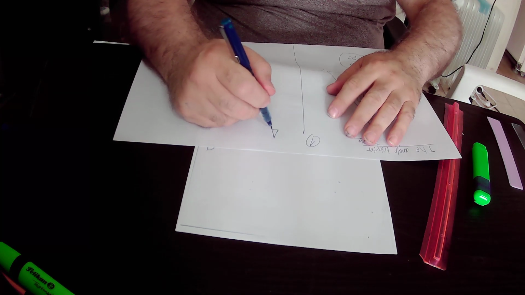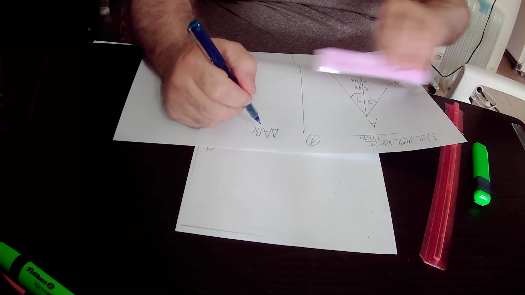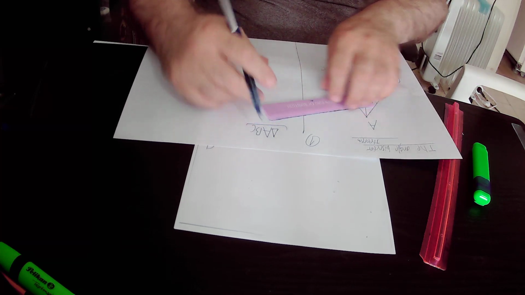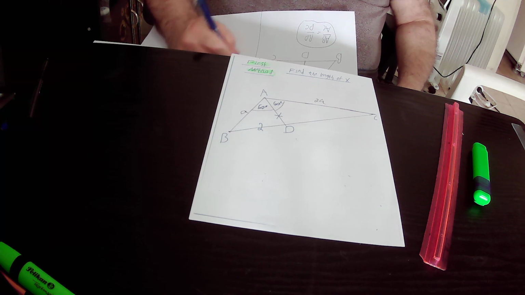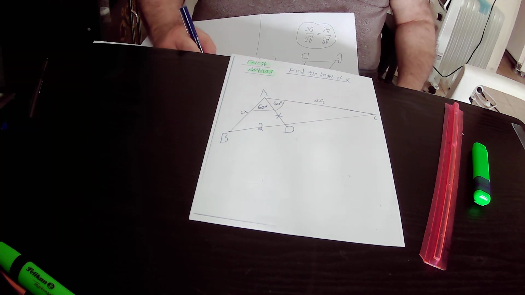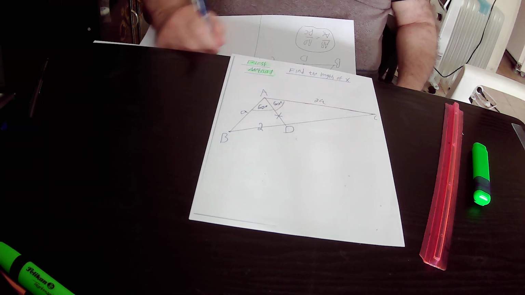So, according to the angle bisector theorem, we get that AB over AC equals BD over DC.